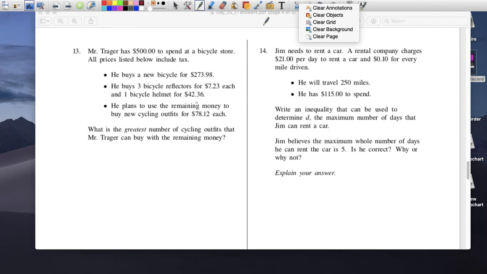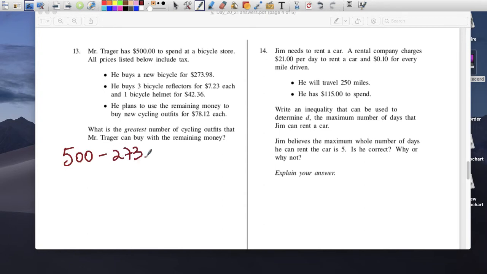Sometimes you gotta figure out how, a question which is pretty much addition and subtraction of just money, has a place on this test. Just seems out of place. So here is 500. Let's subtract the bicycle. 500 minus 273.98.